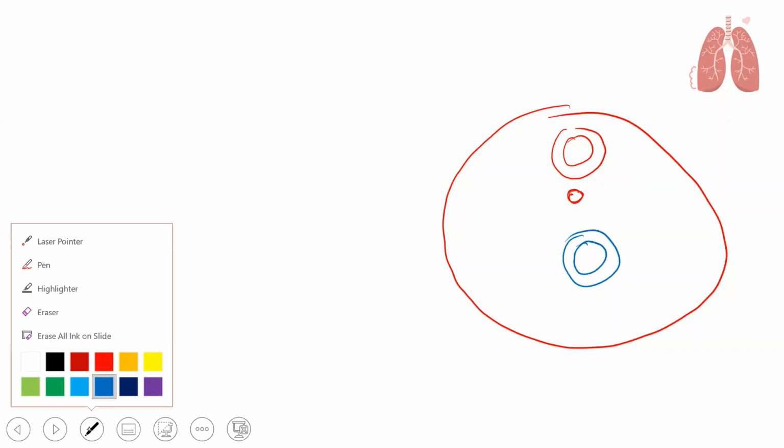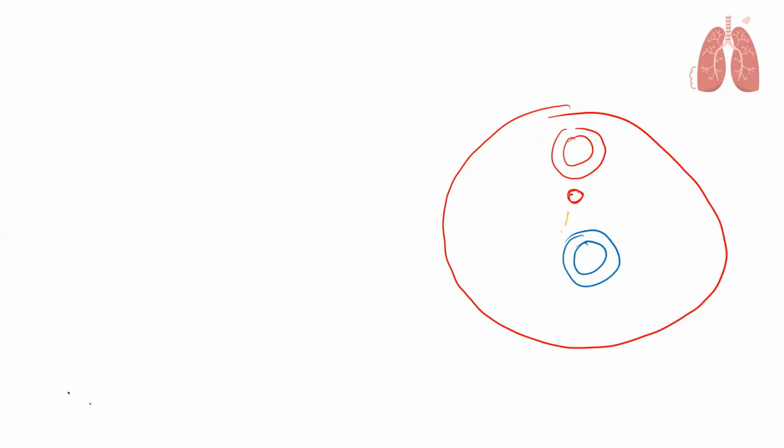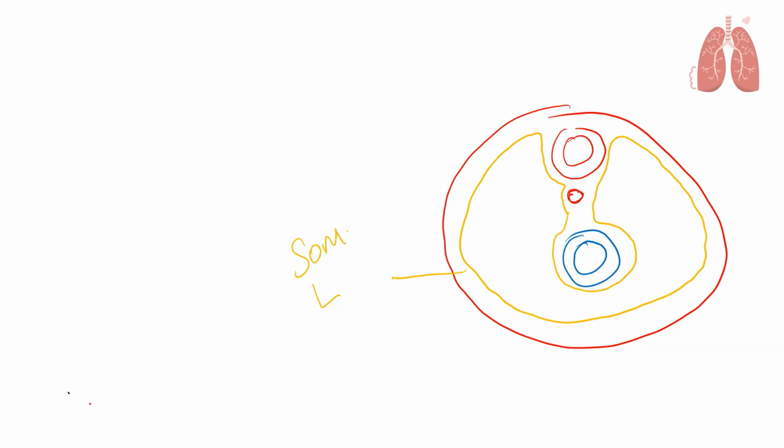And then you have the mesoderm covering these layers, like this. So this outer layer is called the somatic lateral plate mesoderm, and this internal layer is called the visceral lateral plate mesoderm.